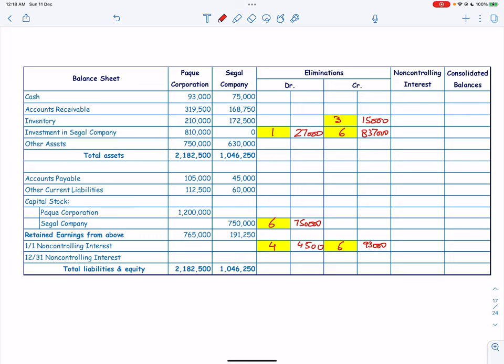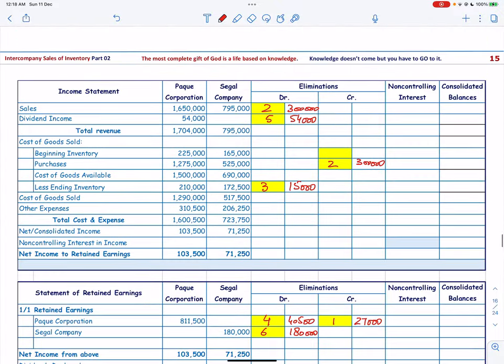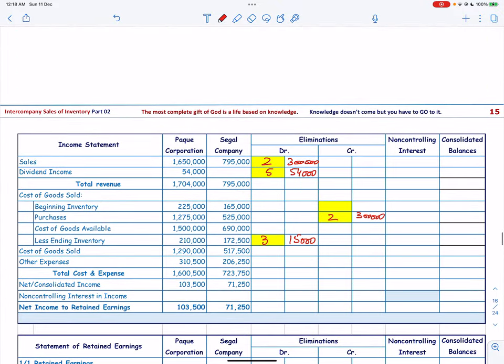Okay, so this completes the 6 work paper entries, and we are going to start with the compilation of the consolidated financial statement, and let us see how we do that. So we start first of all from the income statement. We have the sales of the parent company, we have the sales of the subsidiary, and then there is a debit, so we will be subtracting the debit amount.